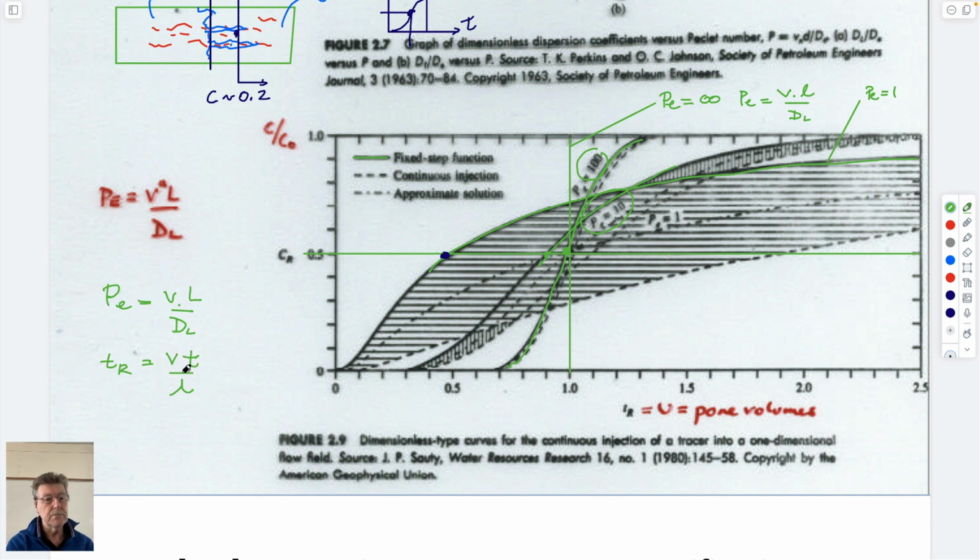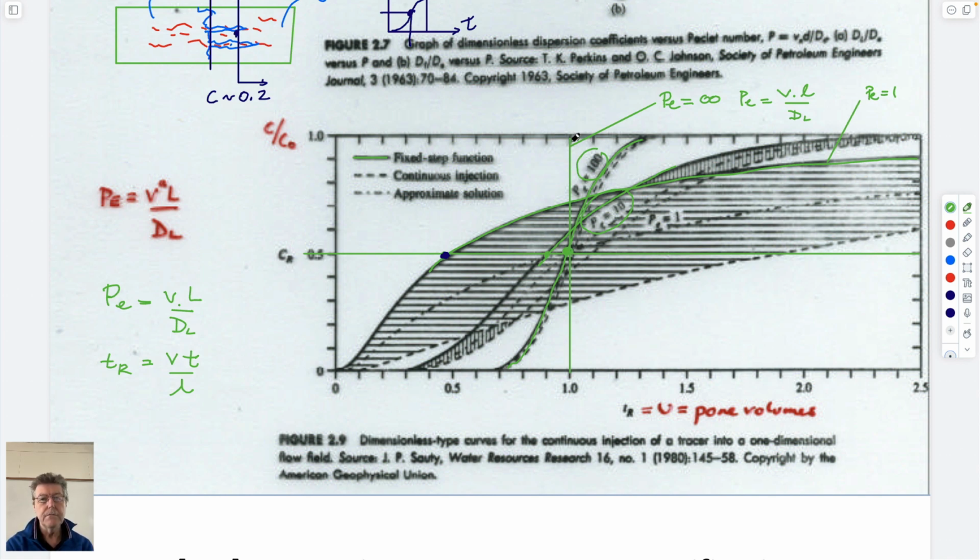It actually represents filling the core up with one pore volume of fluid. And so by the time that pore volume arrives at the end, it's ready to move the first contaminated stuff down to the end. And we know that these points kind of go through this 50% mark generally.